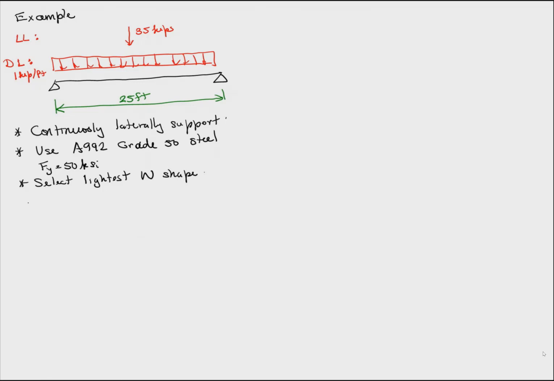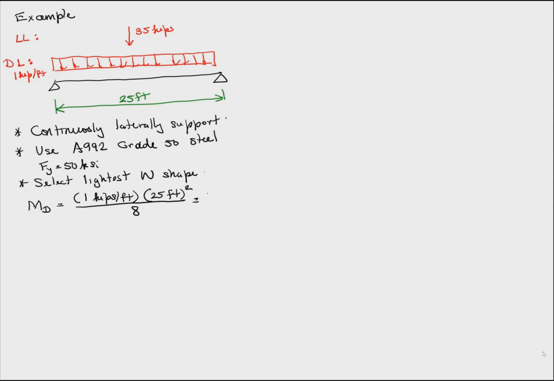So we calculate the bending moment due to dead load: 1 kip per foot times 25 feet squared divided by 8. It's wL squared over 8.